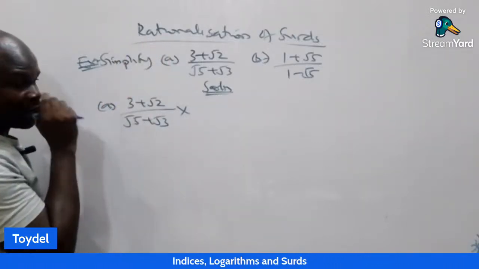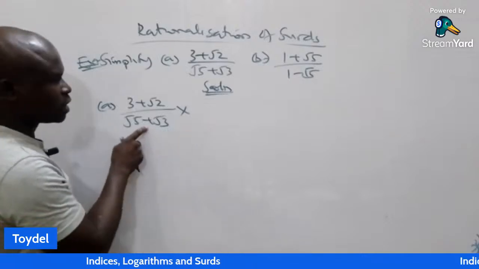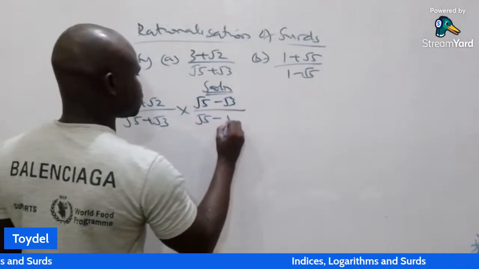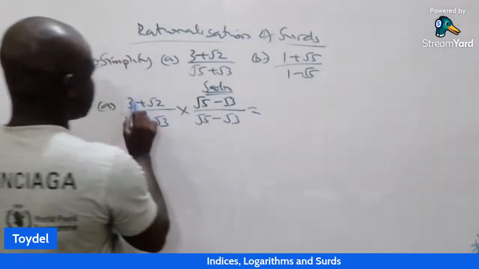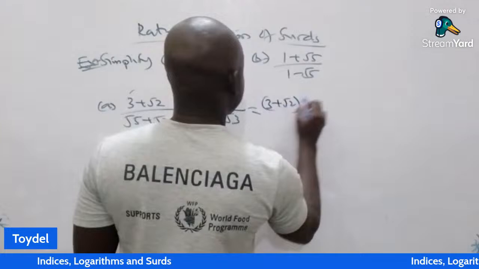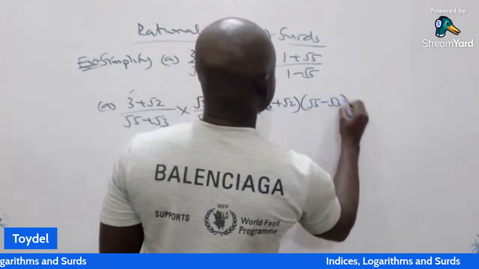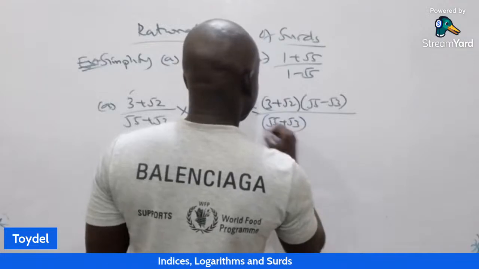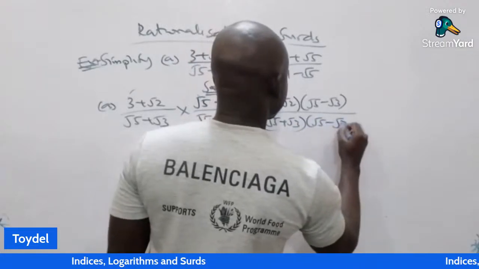That's why knowledge of the conjugate surd is important. That is, I will have root 5 minus root 3 all over root 5 minus root 3. So we have 3 plus root 2 multiplying root 5 minus root 3, all over root 5 plus root 3 multiplying root 5 minus root 3.